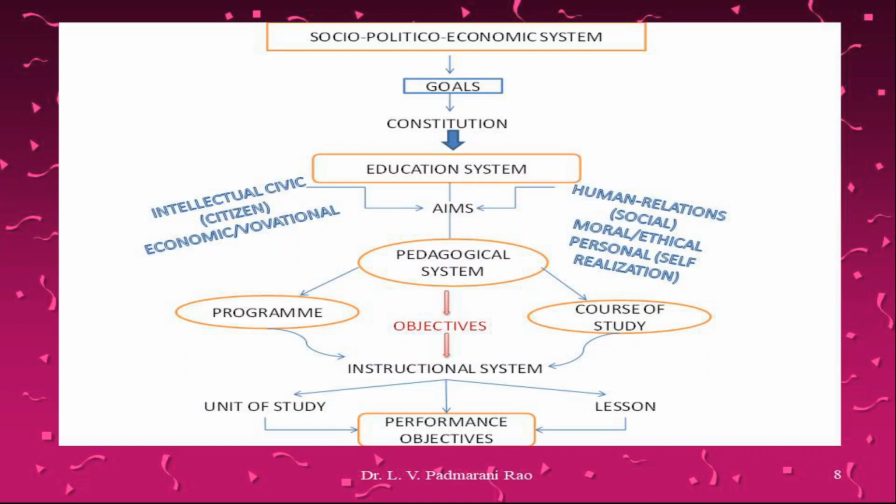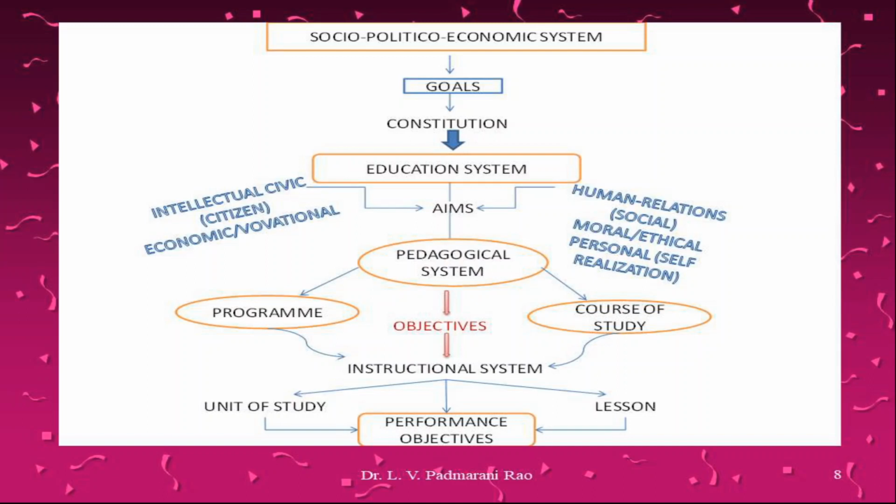Indian poetics, ELLT, American literature, Commonwealth literature, British literature, all these are the courses under the program of MA English. So, pedagogical system will have the programs which will give you the degrees along with a number of courses to achieve the objectives of teaching it.